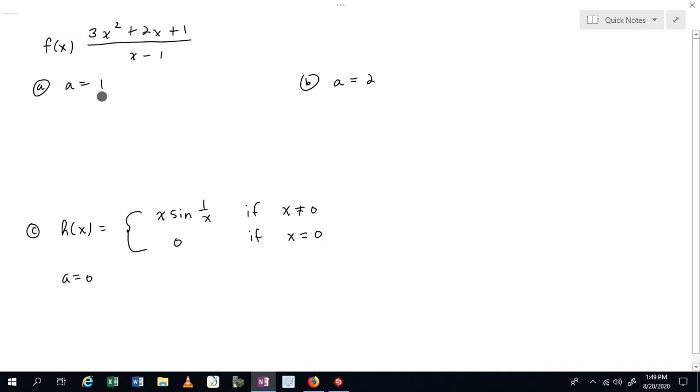Okay, so for this function here, let's try to determine whether it's continuous at a equal to 1. Going through the checklist, the first thing that we have to determine is whether f of 1 is defined. But notice if you plug a 1 into this, you actually get 6 divided by 0, and of course that's undefined.